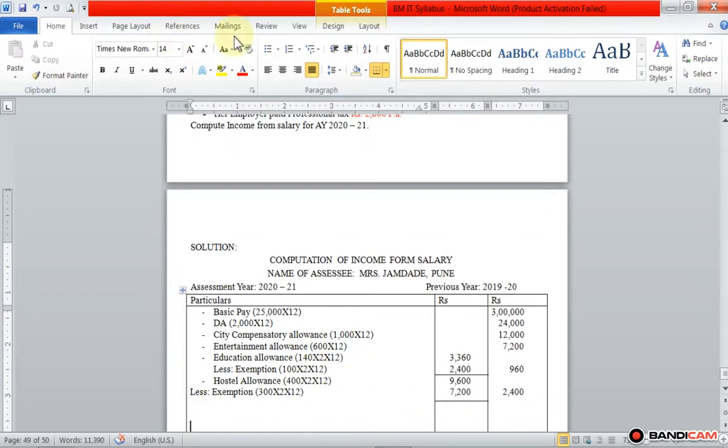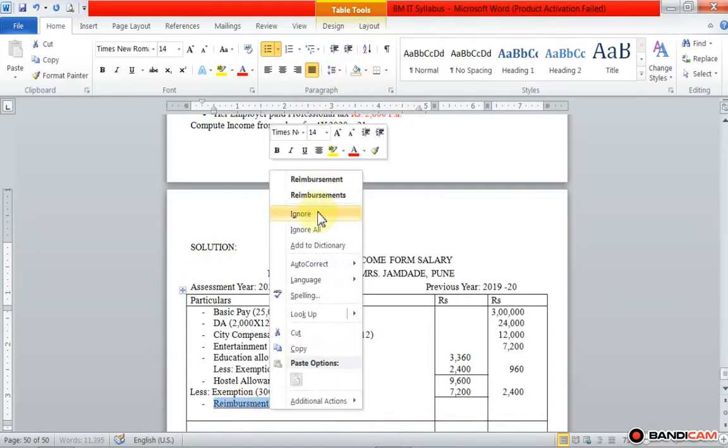Okay, taxable perquisite, that is reimbursement of club subscription.